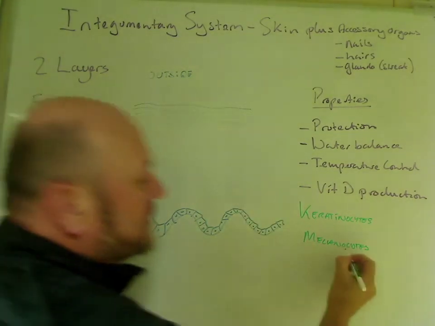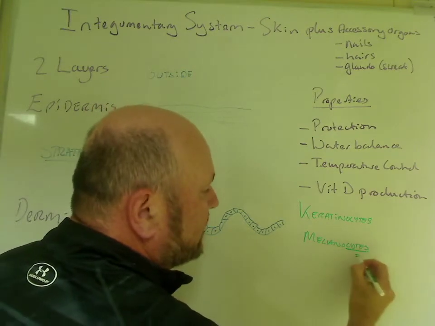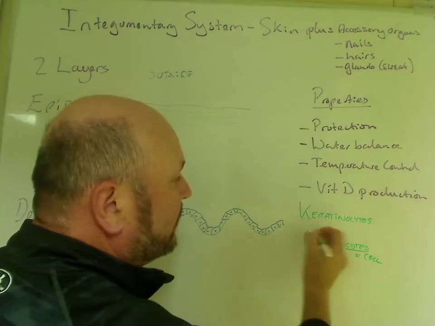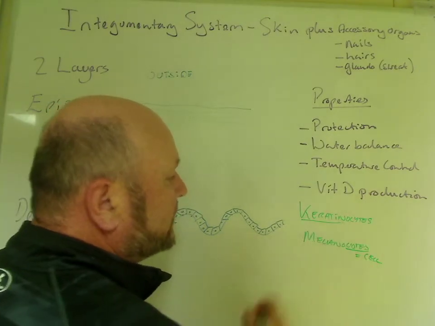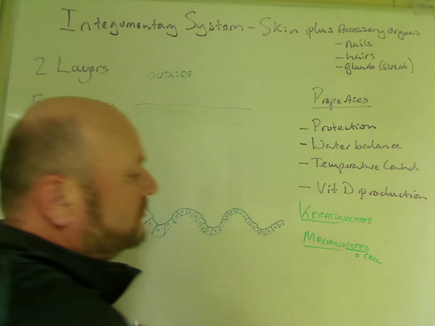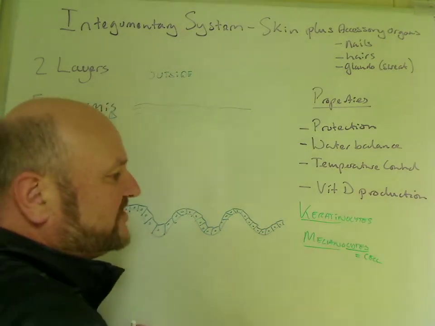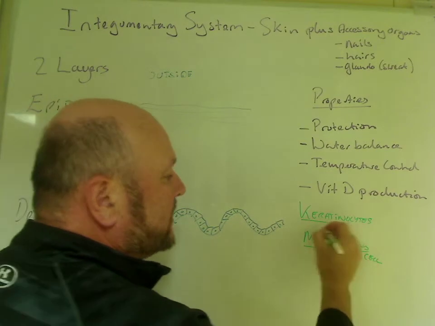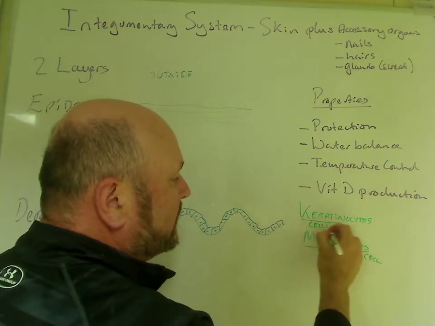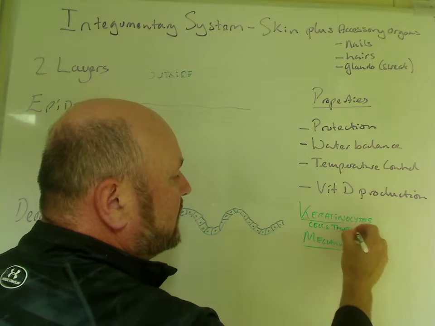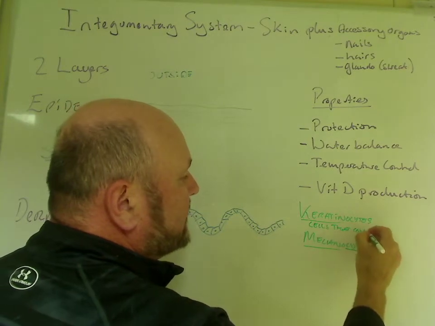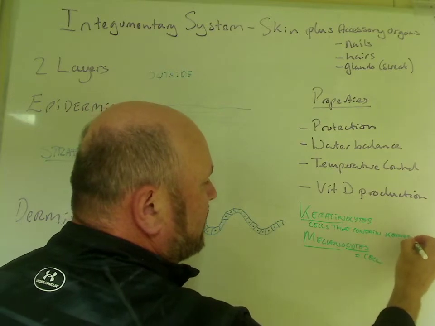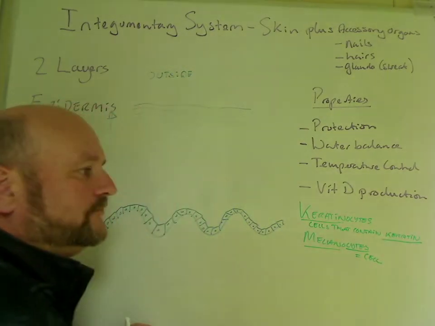Now, cyte equals cell in Latin. So the front part of the word, keratin, melano, tells you what type of cell it is. So the keratinocytes are cells that contain keratin.